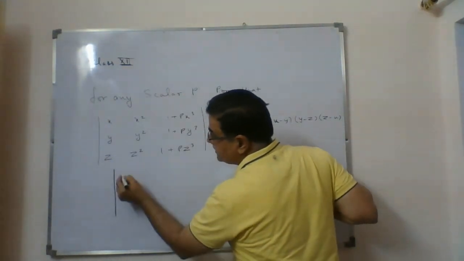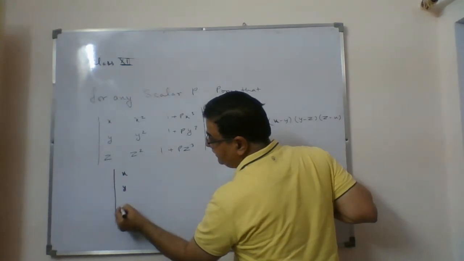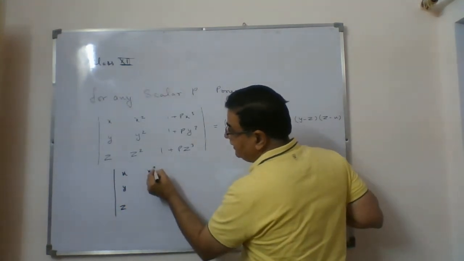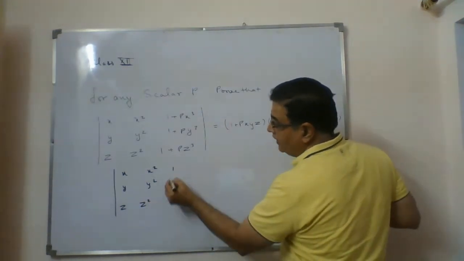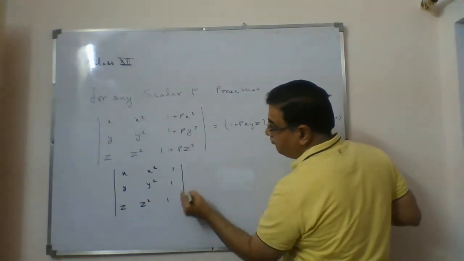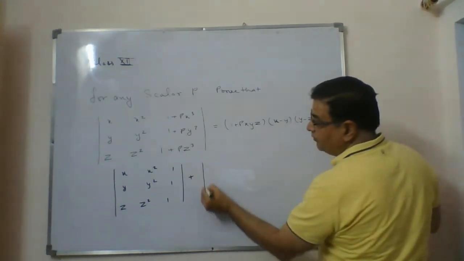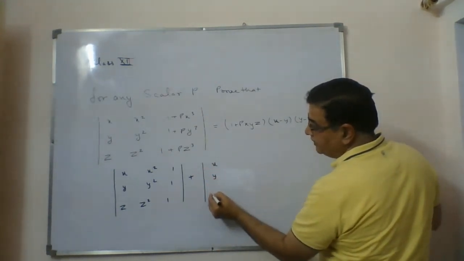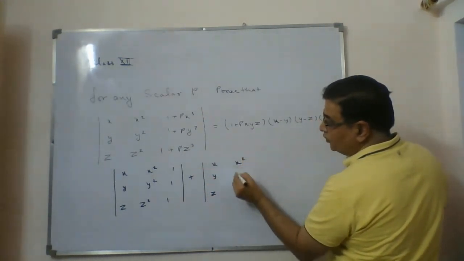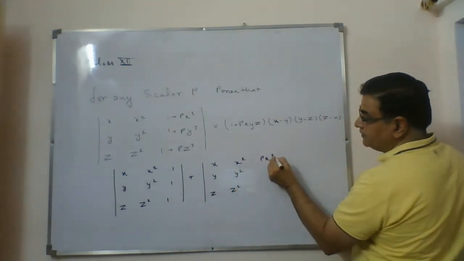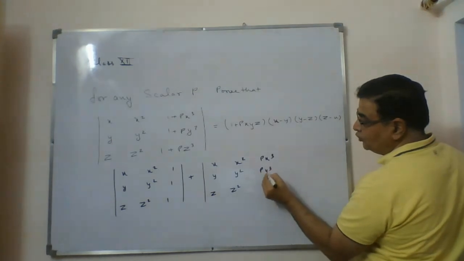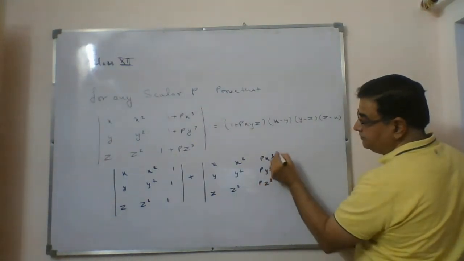What we do here: first, x, y, z, x square, y square, z square, 1, 1, 1, plus x, y, z, x square, y square, z square, px cube, py cube, pz cube.